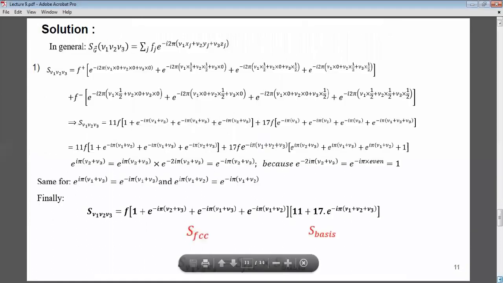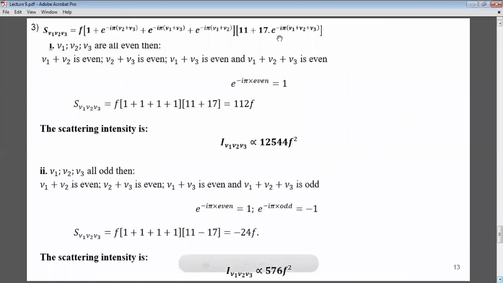We got this S(V1, V2, V3) to be 1 plus all this term. Okay, so if V1, V2, V3 are all even, from here I will get 1 plus 1 plus 1 plus 1, so I will get S(V1, V2, V3) to be F into (1 plus 1 plus 1 plus 1) into (11 plus 17). This is 112F. So it is proportional to, I just take the square.